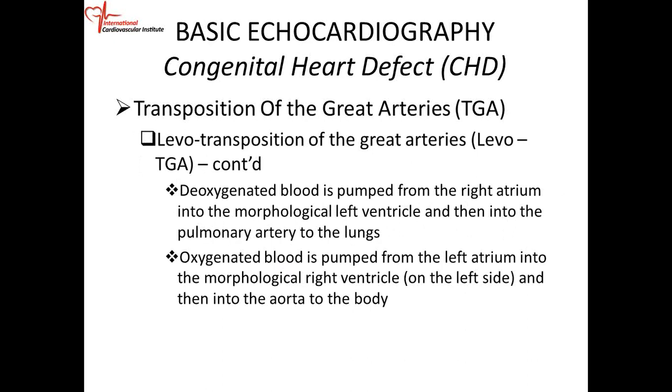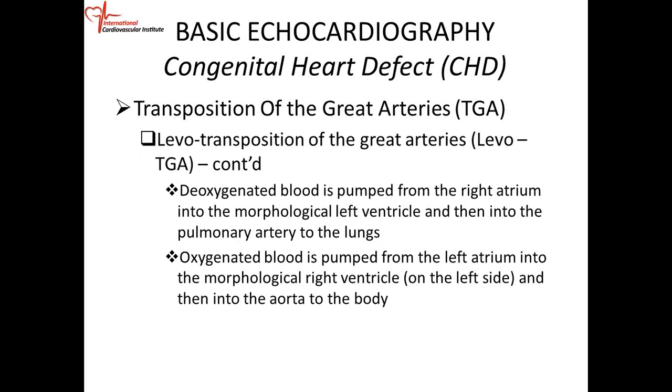So what is very important is when these patients come to the lab, you have to decide which side is the right, which side is the left, because that's going to help you to make your diagnosis. Remember, we teach you that the lowest AV valve in the ventricle will determine which side is right and left.